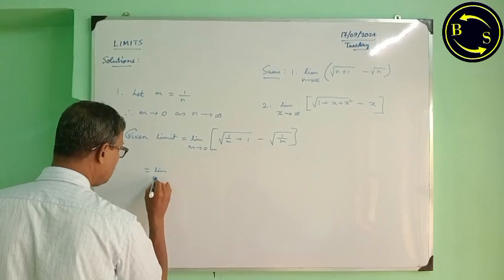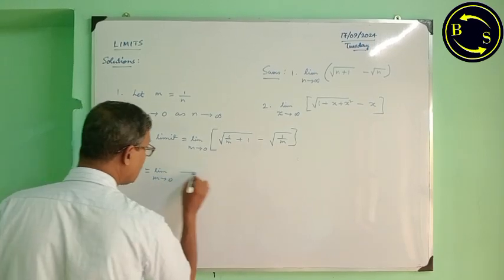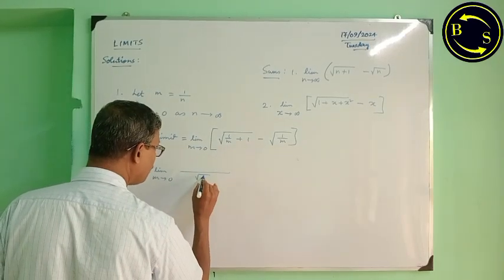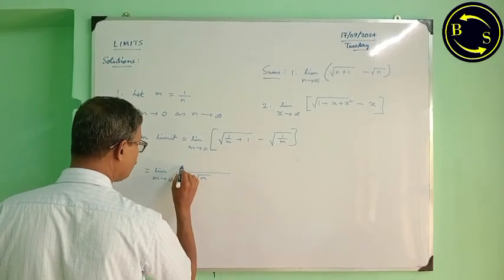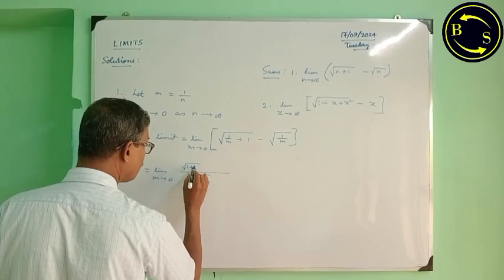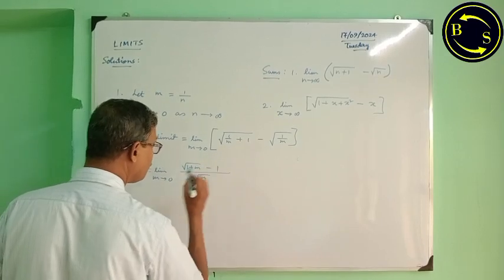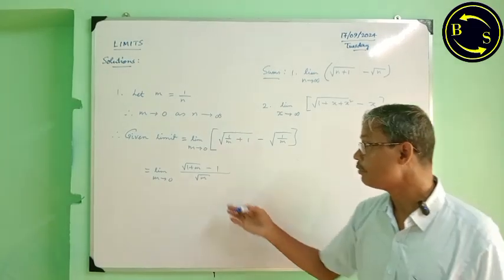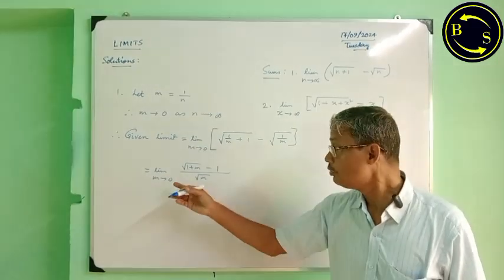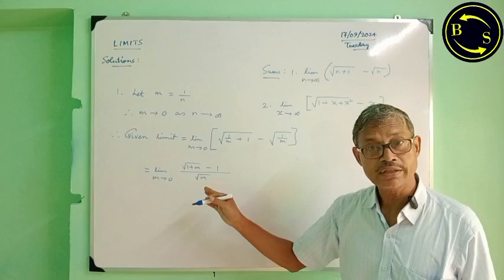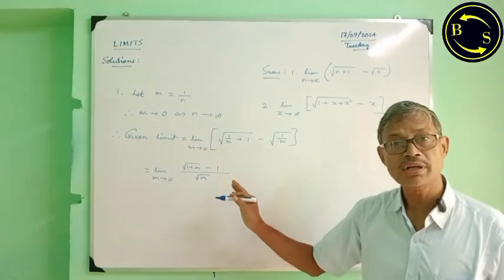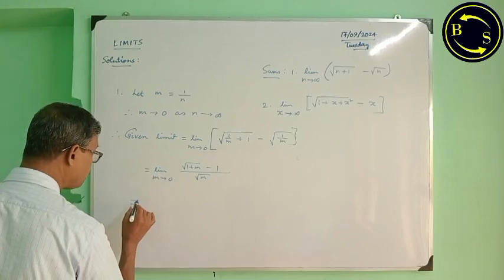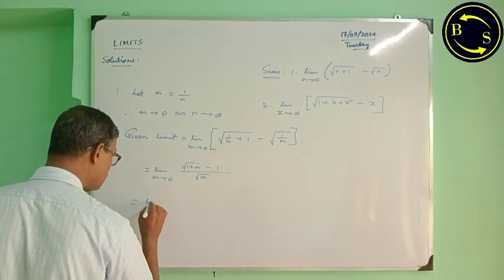Limit m tends to 0. Both denominators will be root m. Now we get the irrational form. Also, by putting m equal to 0, we find that numerator and denominator both vanish. Therefore, in the next step we have to rationalize.